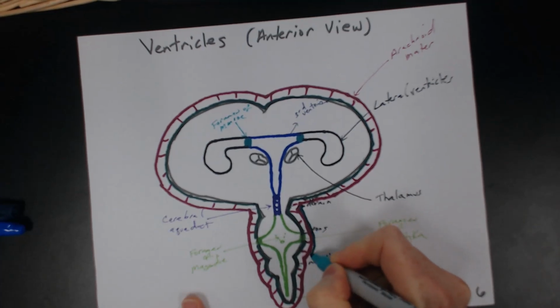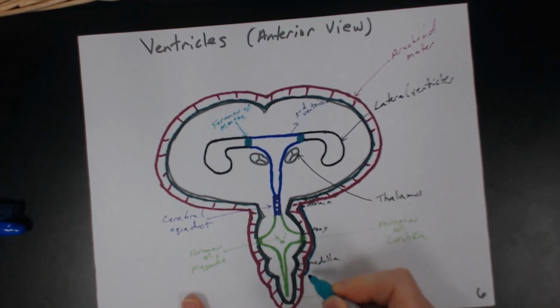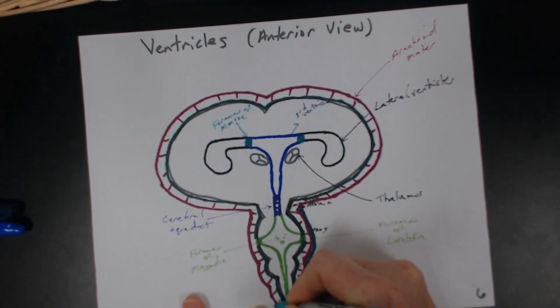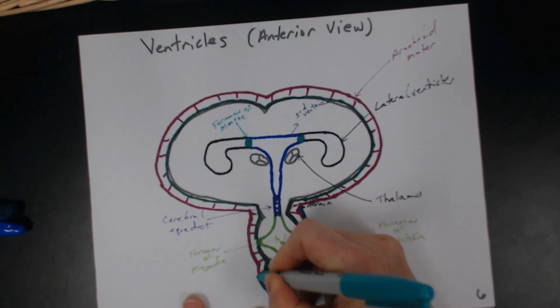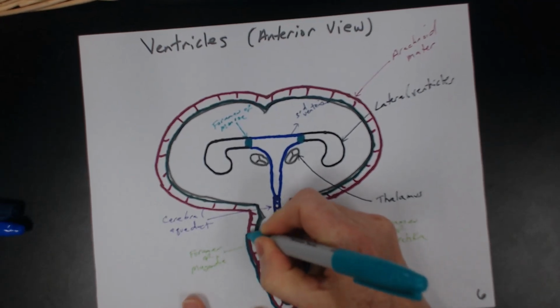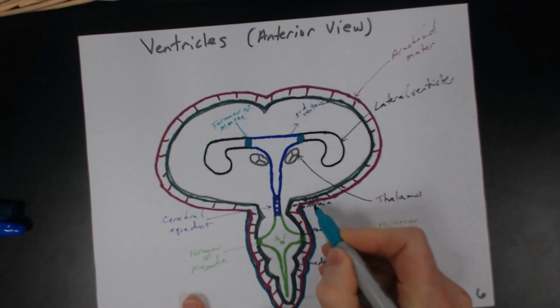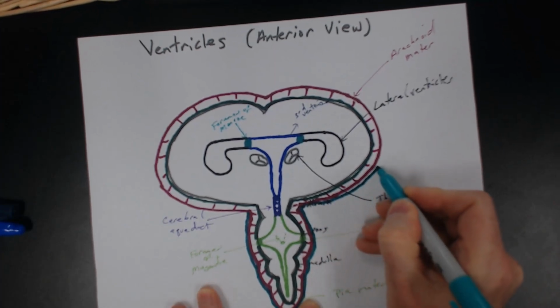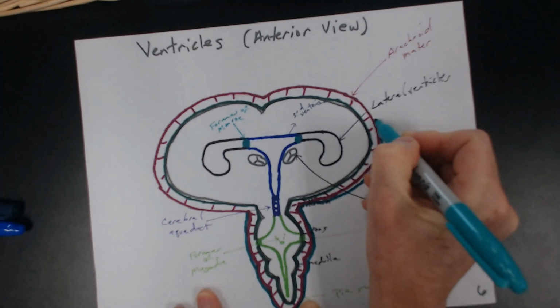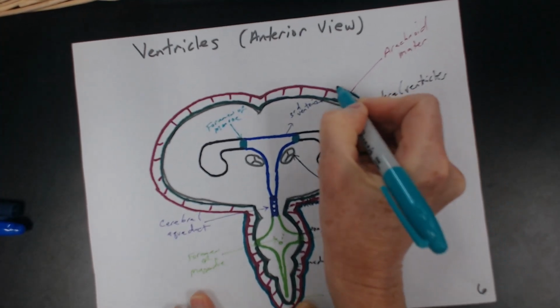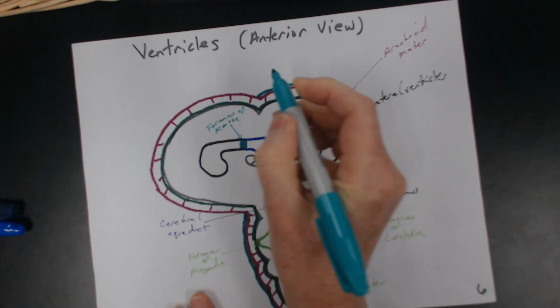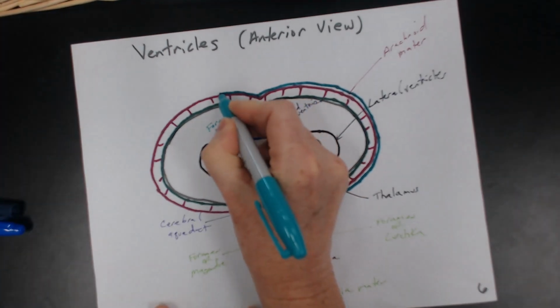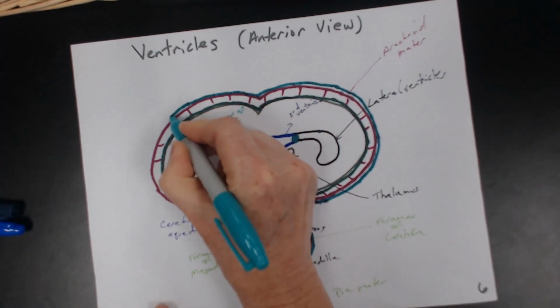Okay, so it's all around the outside of the subarachnoid, of the arachnoid matter. Goes around the spinal cord, midbrain, pons, medulla, all the way around the skull here. And that's your meningeal dura layer.